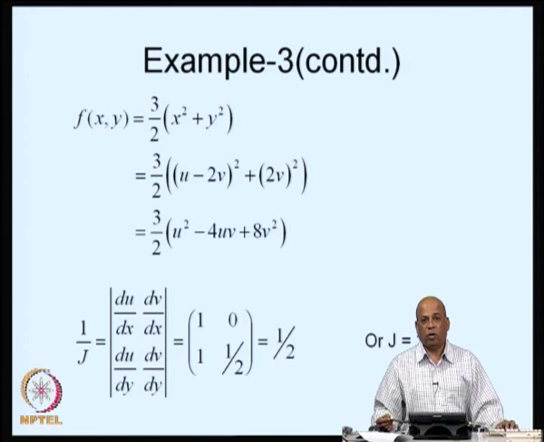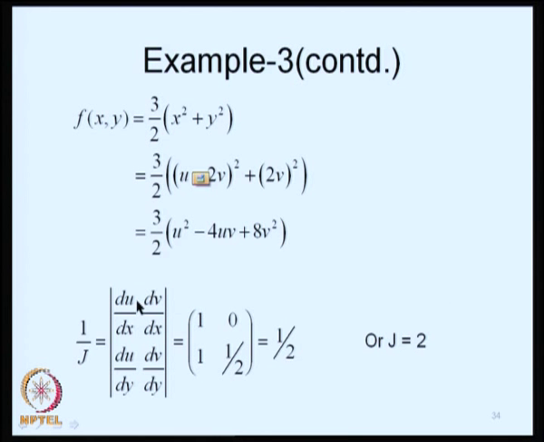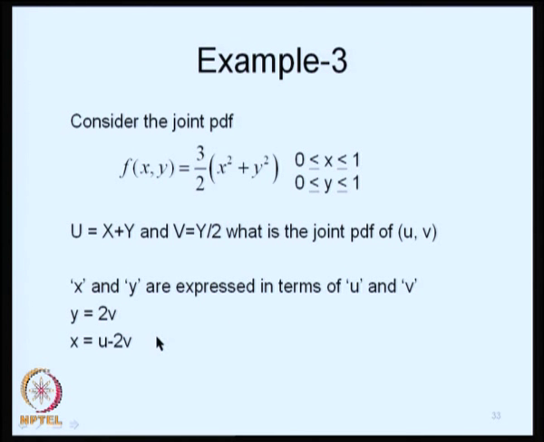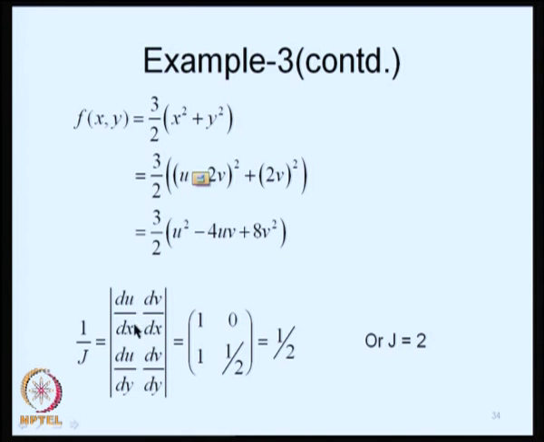Now, in most situations it is convenient to get 1 by j rather than j, as it is in this particular case. So, 1 by j we express as du by dx, dv by dx, du by dy, dv by dy, and from your expression for u and v you can obtain these differentials.